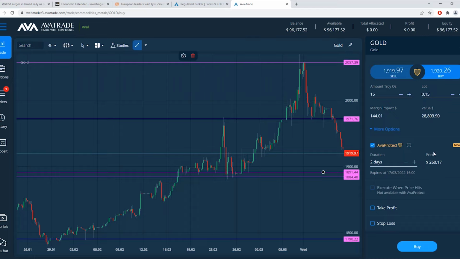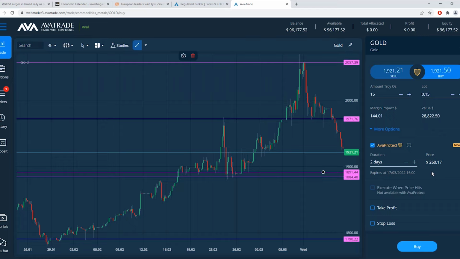That's about $250, the protection cost on a gold move with 15 ounces, 0.15 lot size, and we see $260 costs for the protection. So no matter what happens during the protected time period, I don't have any other risk other than maybe a small overnight interest for the 2 days. The protection protects me if gold goes flying the wrong way.